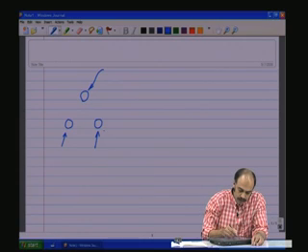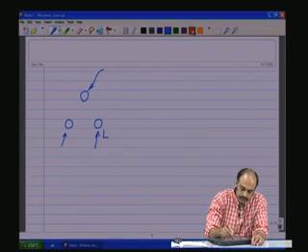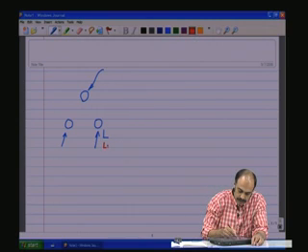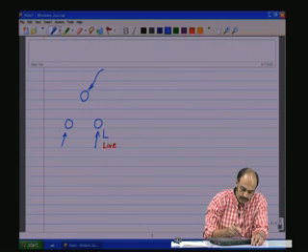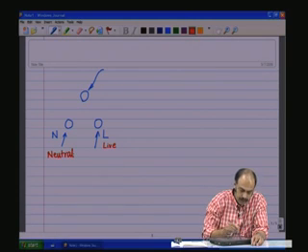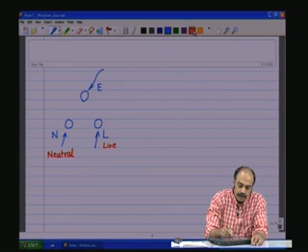One is called the live, L, which represents live. The other one is called the neutral, N, which is neutral, and the third one, the center top one, is called E, and E is for earth.